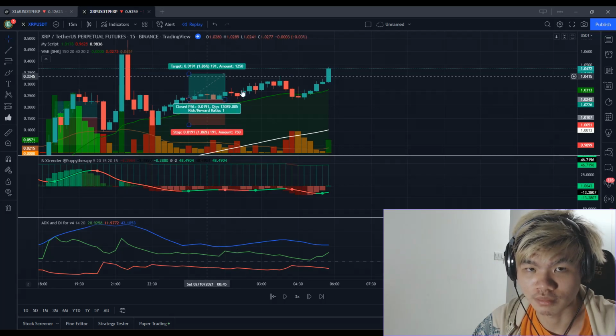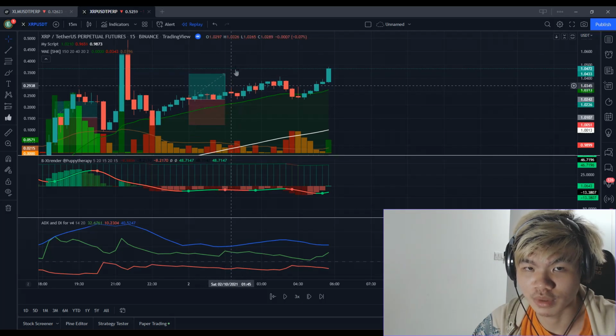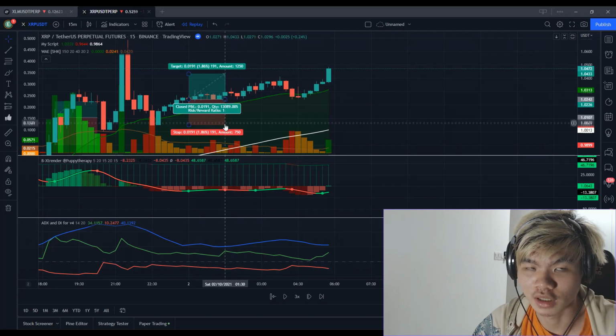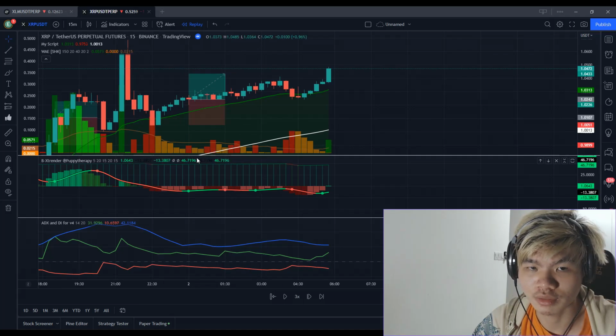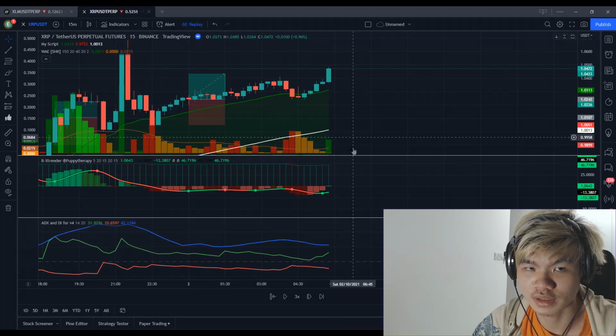So from this part onwards, I'm going to take a 1 to 1 or 1 to 1.5 risk reward. So risk will be 1, and if I hit, it'll be 1.5. I'm just going to put it out there first because there are just too many opportunities missed.